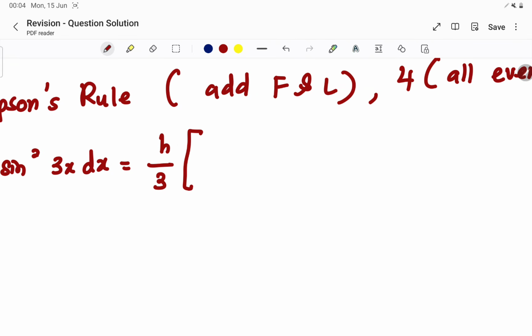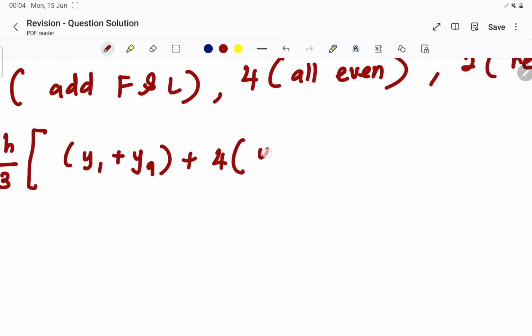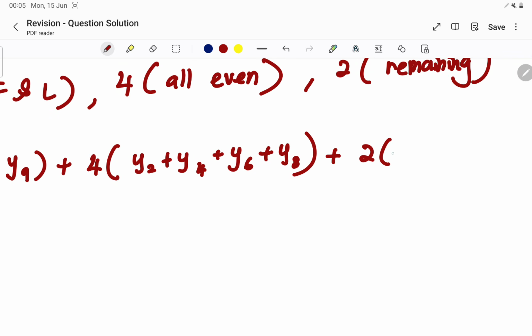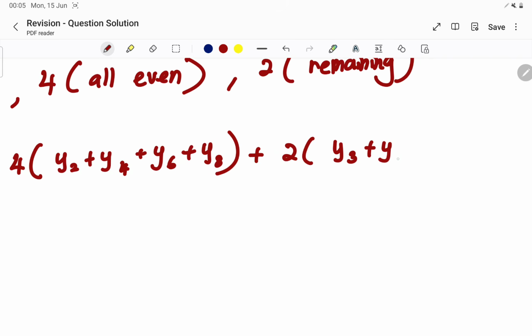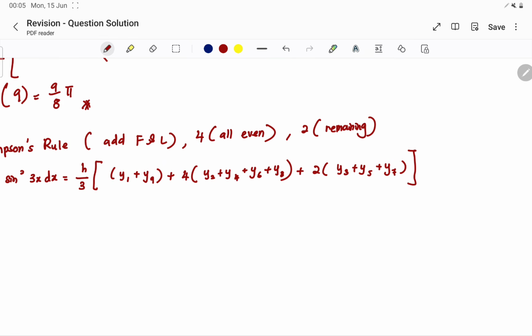Since we have y1 until y9, the first step is you add y1 with y9, plus 4 multiplied with the even ones, which is y2 plus y4 plus y6 plus y8, and then the remaining multiplied with 2, which is y3 plus y5 plus y7.